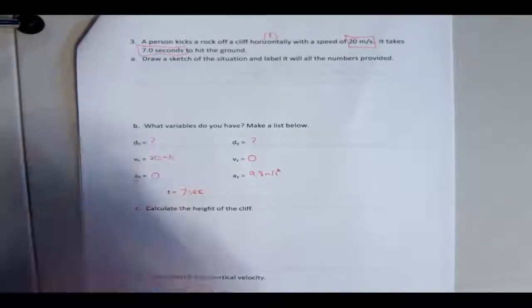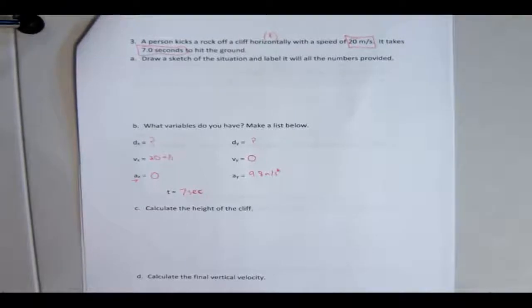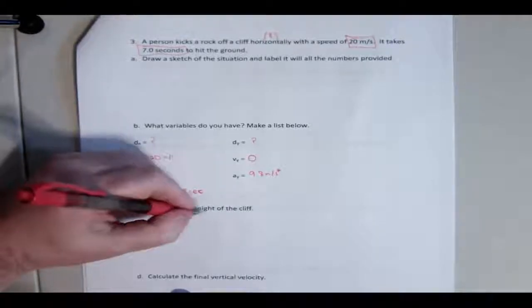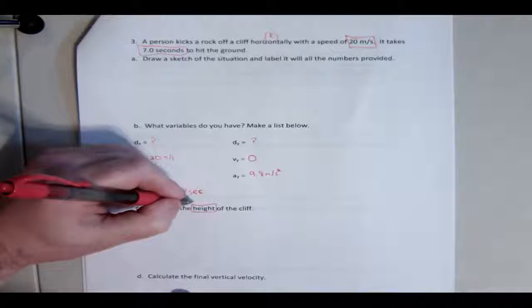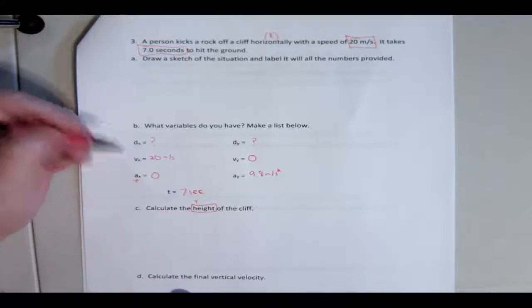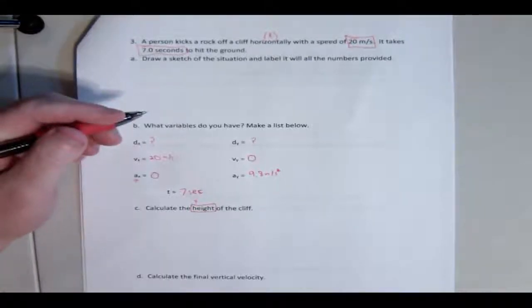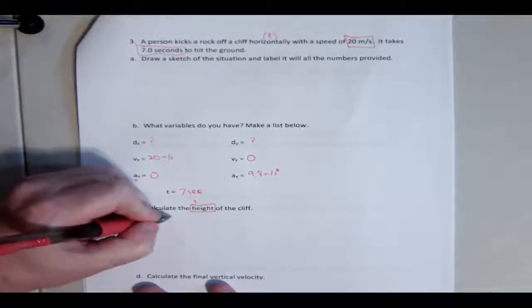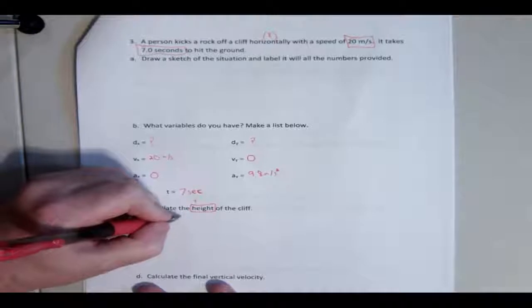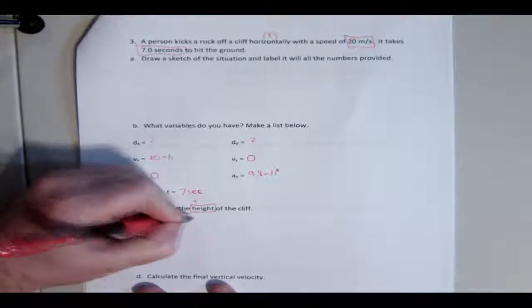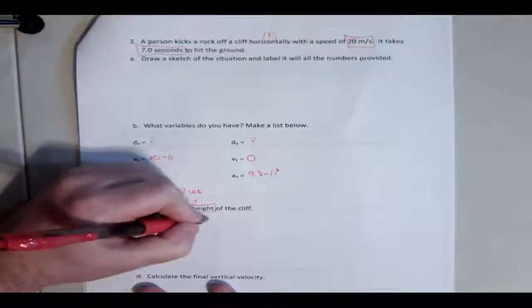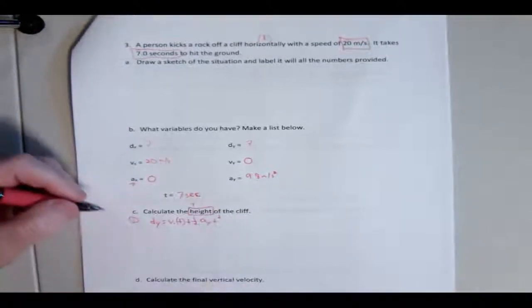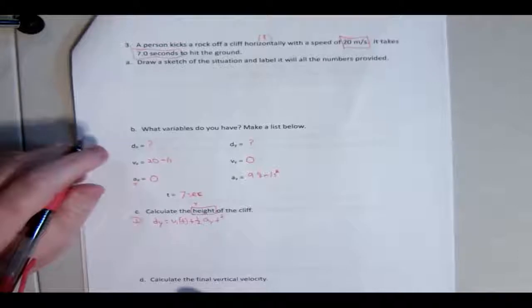There we go. Calculate the height of the cliff. So when I hear height, hopefully you guys hear the same thing. I hear y. Right? So, here we go. The displacement of y equals initial velocity times time plus 1/2 acceleration of y times time squared. Monotony is knowledge in physics.